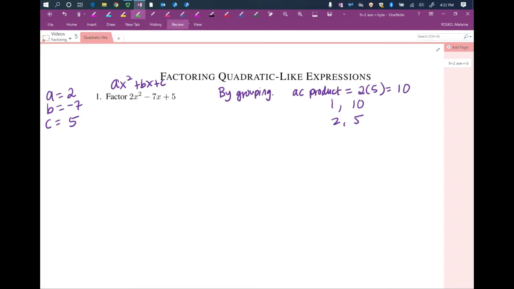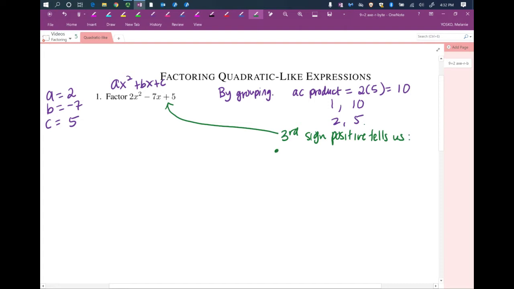And then this third sign here is going to be super helpful. The third sign is going to tell us a few things. Third sign positive tells us, first off, we're going to add to get the middle number, which in this case is the coefficient of x.